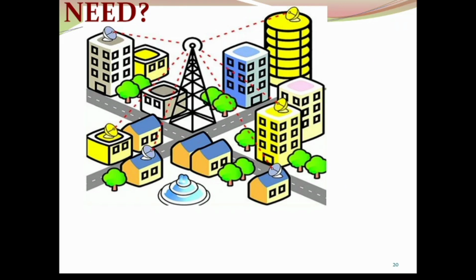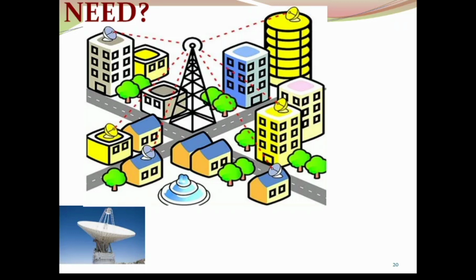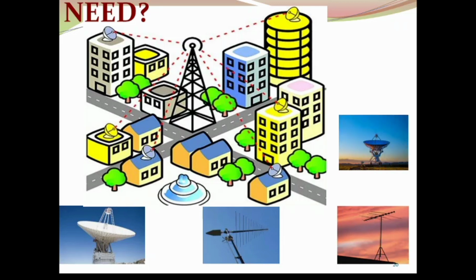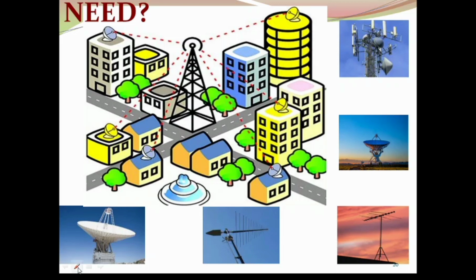And what is the need of an antenna? Where is it used? So without an antenna, what will happen? Suppose I communicate within a classroom, right? Within a classroom, if I communicate to the students, there is no need for any equipment to transfer my information to the students. Clear? No need of any equipment.